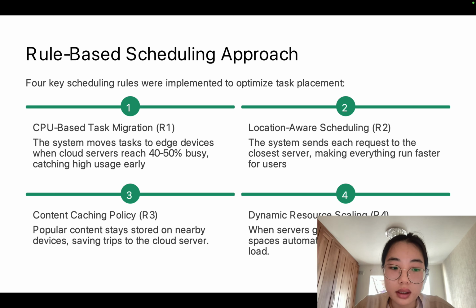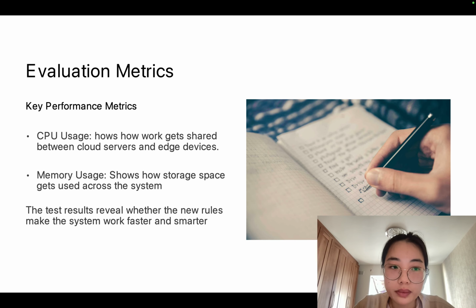The third is about content. The popular content can stay stored on nearby devices. The last one is dynamic resource scheduling, where when the server gets busy, Prometheus and Kubernetes can automatically create a new pod to handle the load.